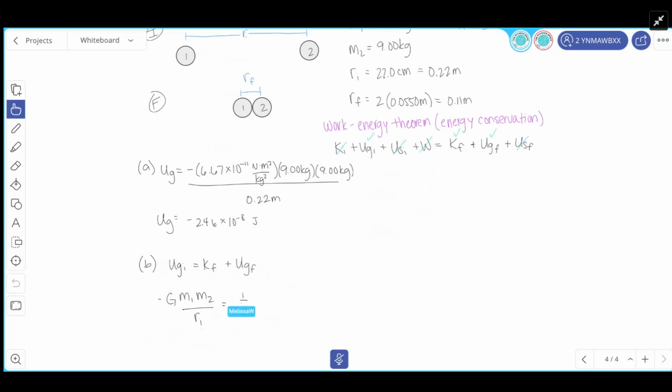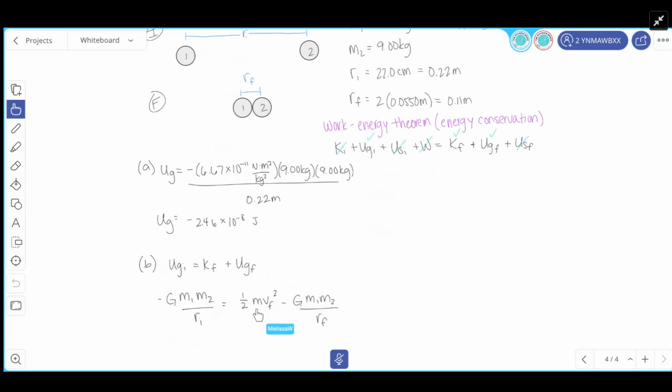For kinetic energy, we have 1/2 mass times that final velocity squared. That's what we're going to be solving for, that final velocity. And then this expression, again, for that gravitational potential energy, but for that final distance. So we have the masses. We know that G is that constant. We know what those distances are.